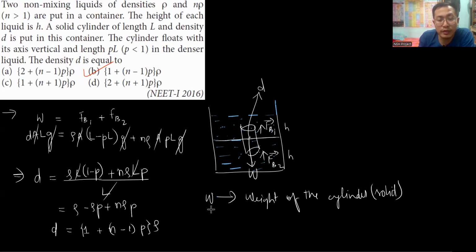FB1 is the buoyant force in the first liquid, the lighter liquid, and FB2 is the buoyant force in the denser liquid.